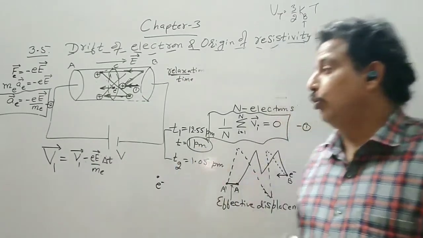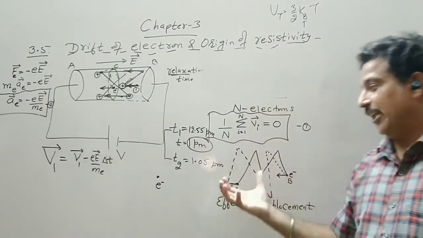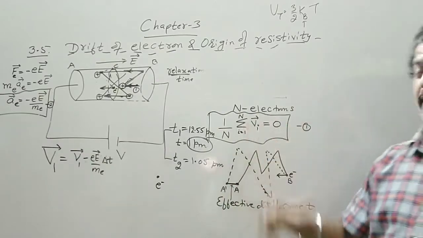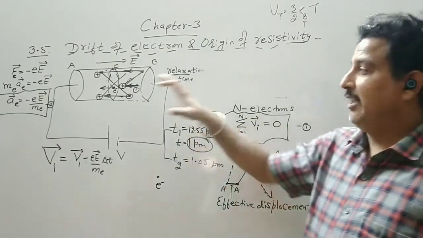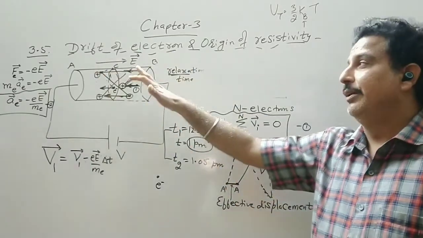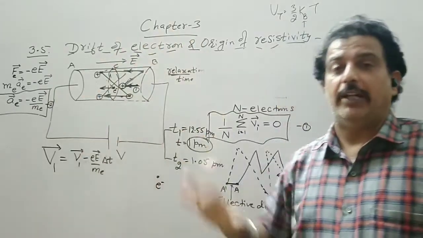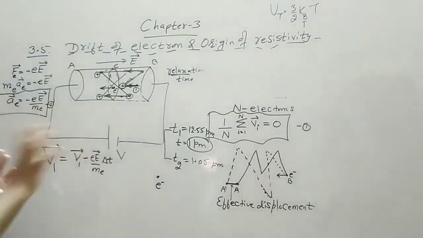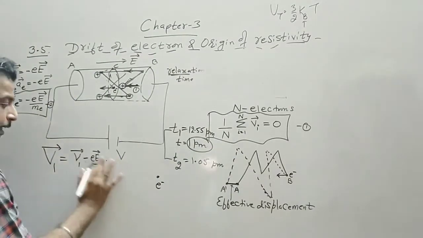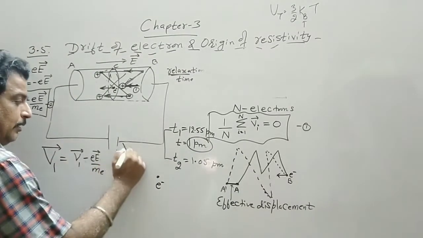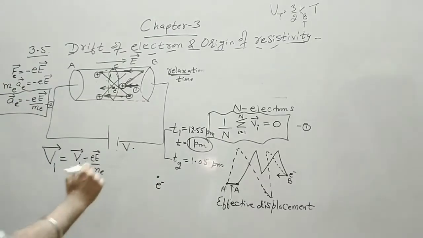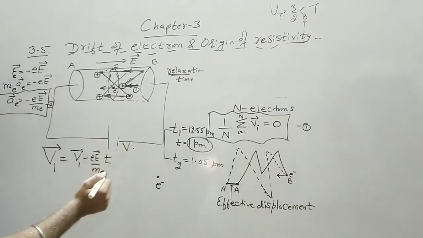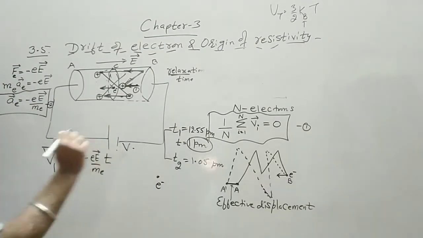So now you have to take the average, like we took the average of all the initial velocities. So I will take the average of all the final velocities of an electron. This was written for the first electron. Let us say the relaxation time for the first electron is delta T1.